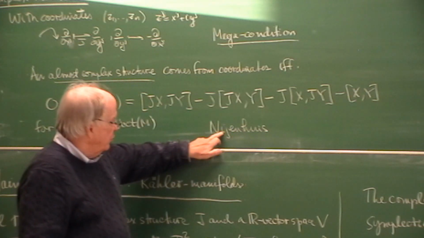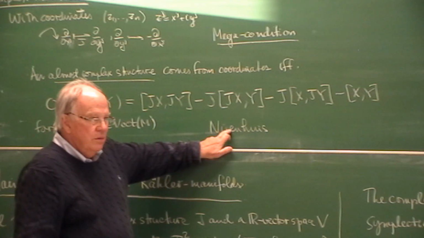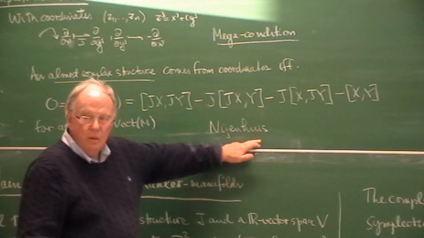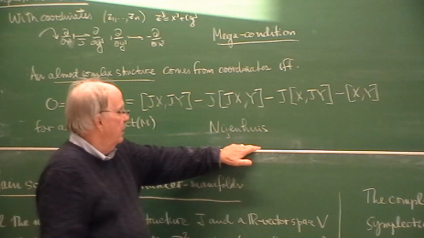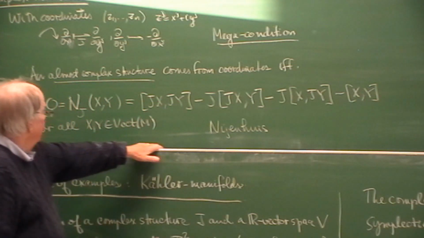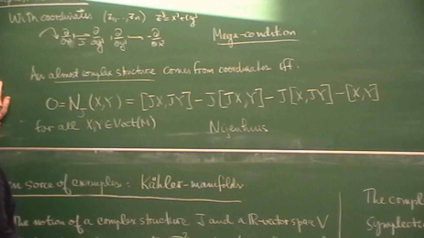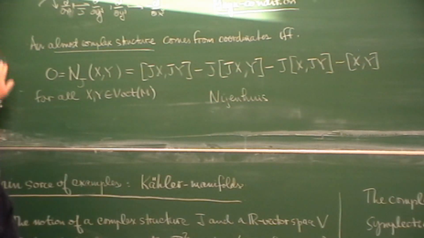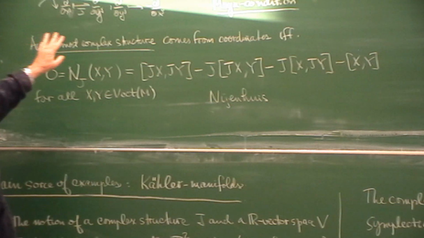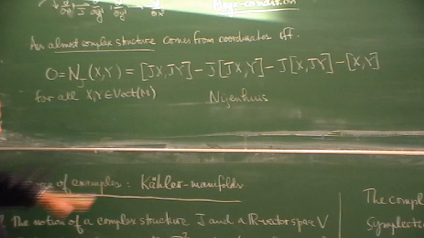This part in here I'm almost sure about because I know other names like the Rijksmuseum and so on. That should not be something like nine. I think it's Nijhuis maybe. So it's a condition which looks very heavy. So you see, it's a very strong condition. To have coordinates giving you the complex structure is a very strong condition.